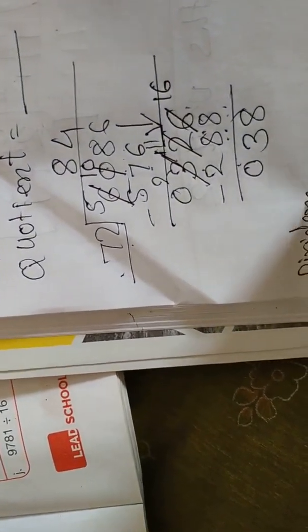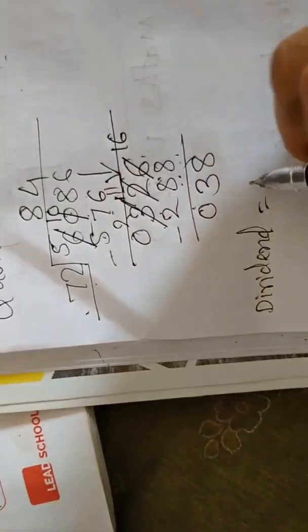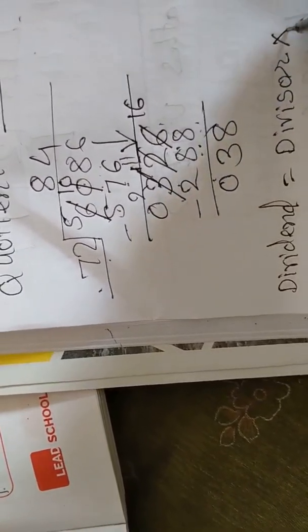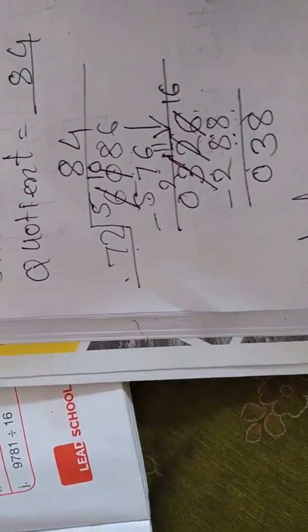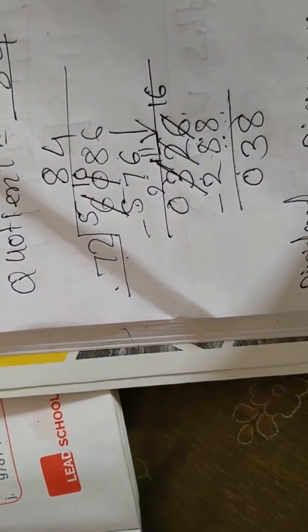So answer: dividend is equal to divisor into quotient plus remainder. Quotient is 84, remainder is 38.